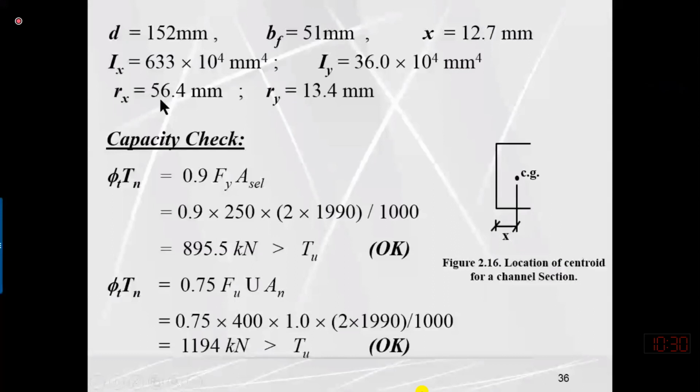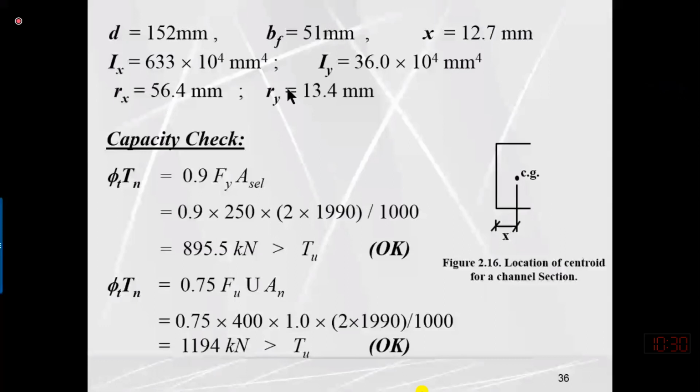But this Ry is for the single section, not for the built-up one. So Ry of the built-up section, or radius of gyration about the y-axis, I need to determine by the parallel axis theorem. Parallel axis theorem means that I need to transfer the moment of inertia of the single section from its own y-axis to the y-axis of the built-up section.